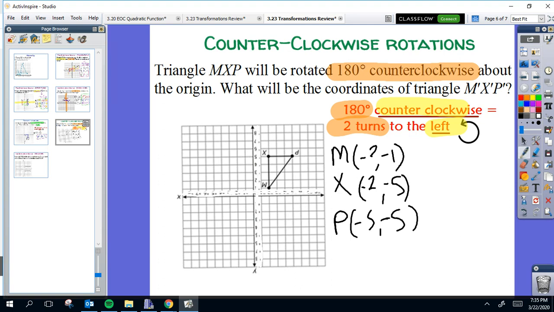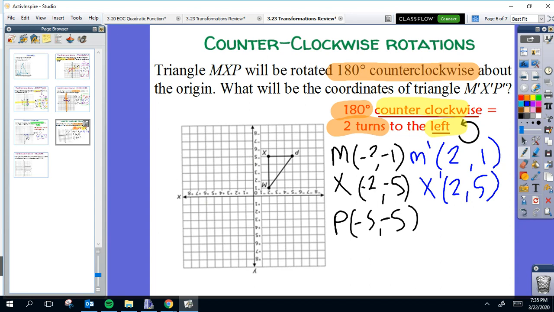All right, so let's talk about M. M prime will be right here, and that will be the coordinate positive 2, positive 1. When I look at X prime, that's going to be the coordinate 2, 5, because it's 2 over 5 up.